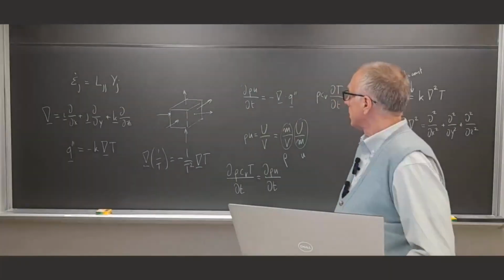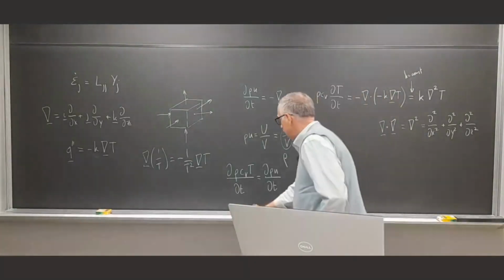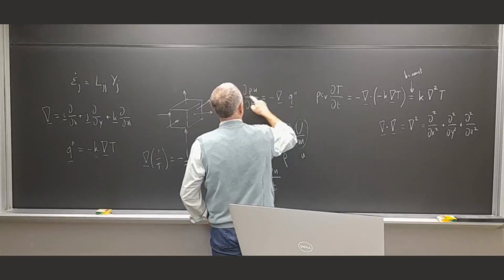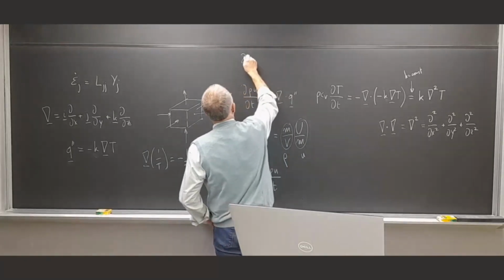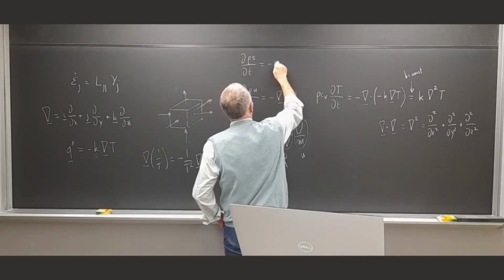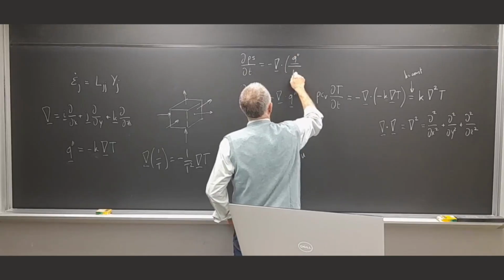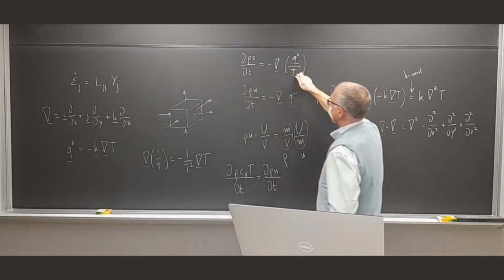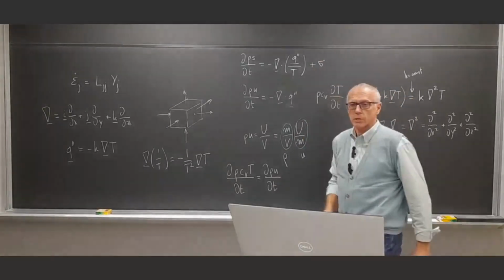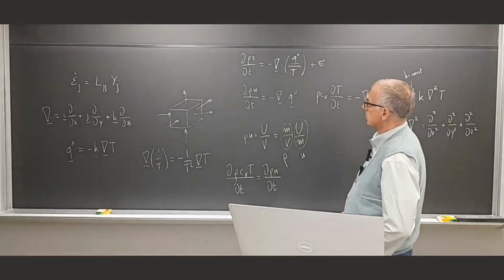Now, this is important because if we do the entropy balance, like we wrote the energy balance here, we should write also the entropy balance. And that is given by the divergence of the entropy flux, which is Q over T, plus the rate of entropy production per unit volume, which is sigma.